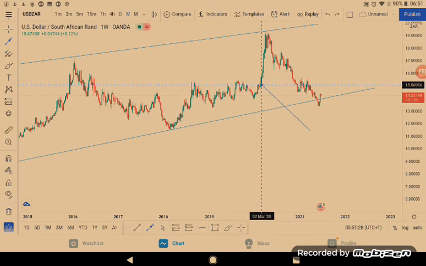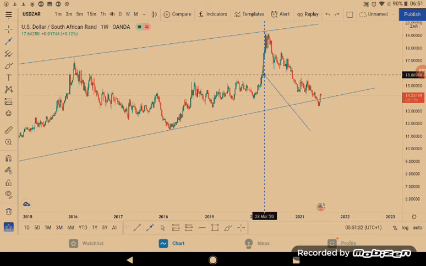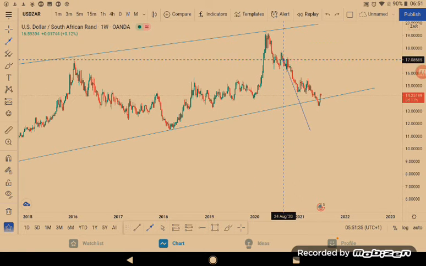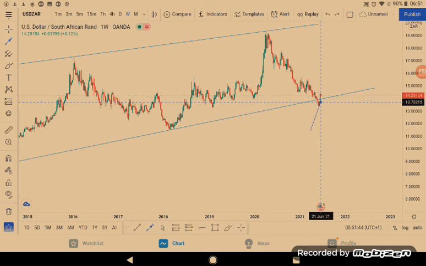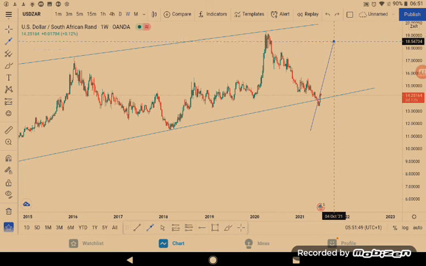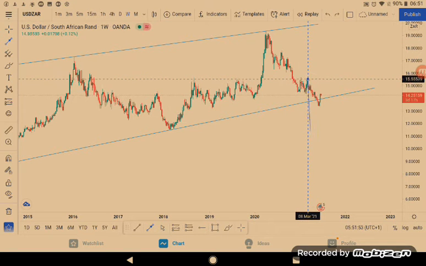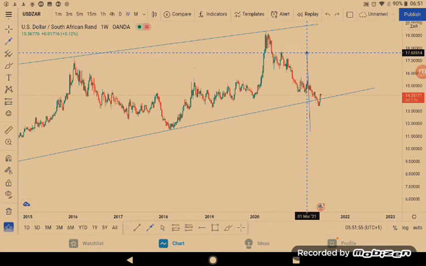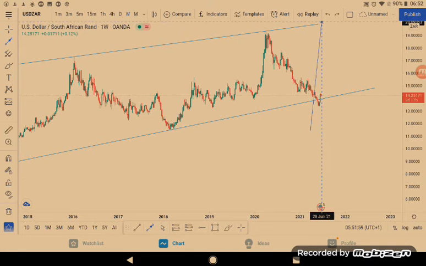You see, this one, there was a lot of force here going up in an impulsive manner, but this one here was coming down in a corrective manner. So which gives us a high probability trade. If you put your buys here and then you go up with it, there's a high chance that you're going to reach the targets, of which this here will be your first target, this here will be your second target, and your third target will be your trend line.